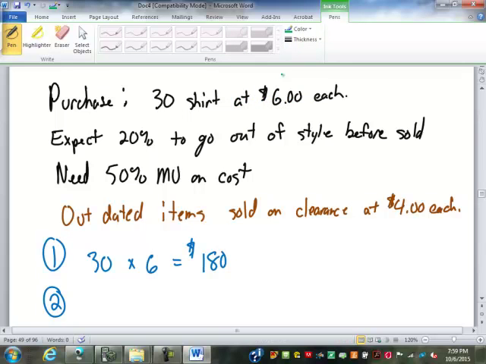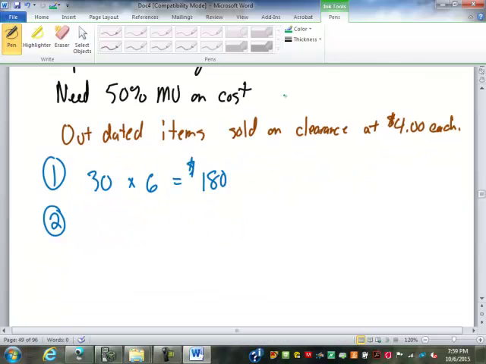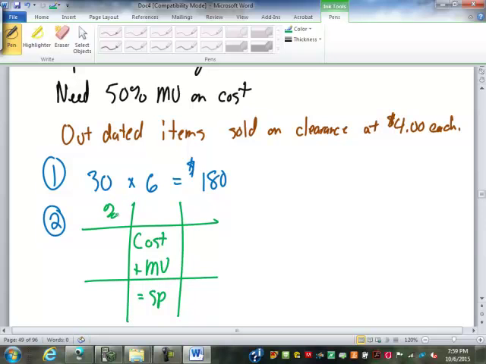Step 2, we're going to do the markup to find the total selling price. So we have markups on cost, that's 100%, 50% markup. 100 plus 50 means the selling price is 150%.